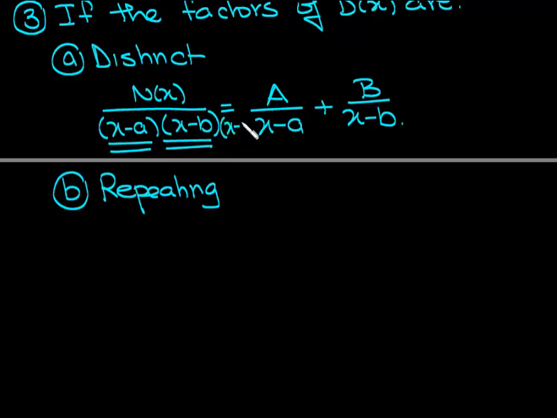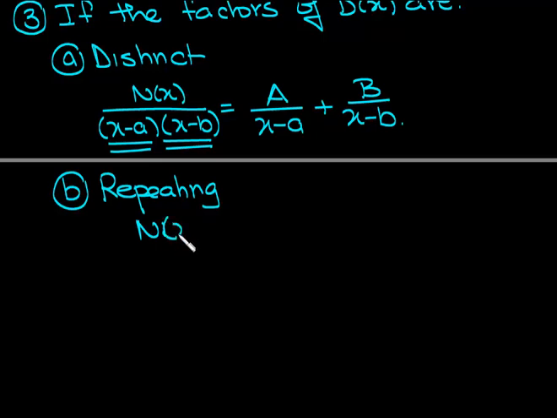If I had x minus c here, then it would be plus C over x minus c. If I had x minus d, then plus D over x minus d, and so on. You can keep doing this process till you take care of every single factor. If you understand it for 2, you can extend that to 3, 4, 5, and so on.